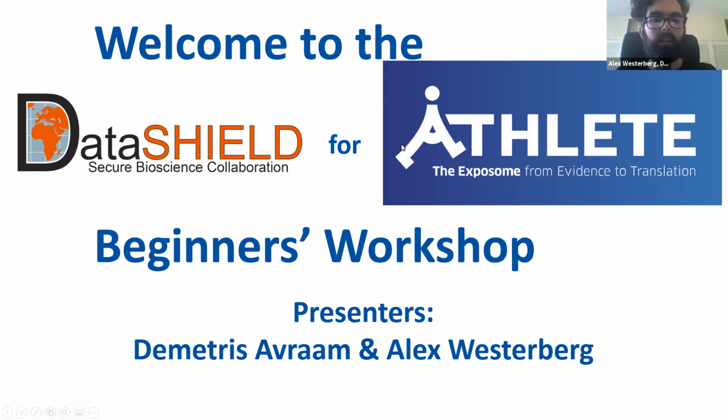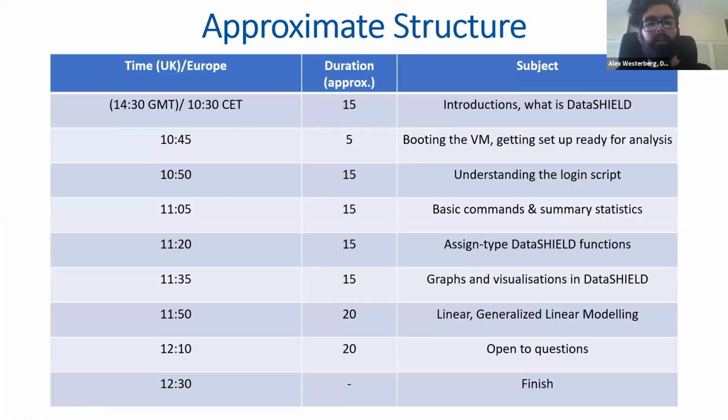So, this is a table of the approximate structure of today. I'll be continuing this slideshow with some diagrams and animations of what DataSHIELD is to help you understand it and how it works. Then we'll move on to the actual demonstration itself, which uses a virtual machine, that's VM there.